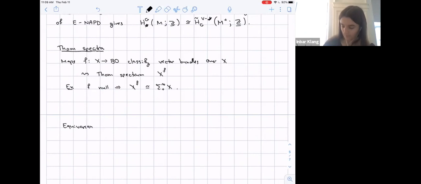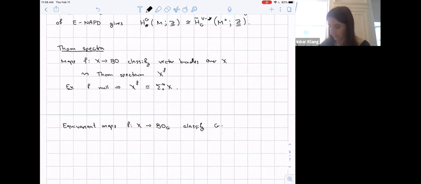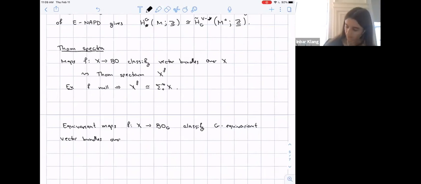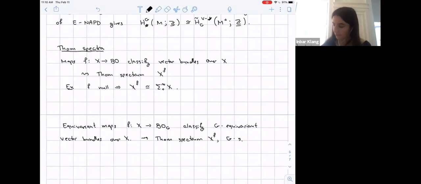Equivariant maps f from a G space X to the equivariant BO classify G equivariant vector bundles over X. And so then you can take their equivariant Thom spectrum, which is now a G spectrum.